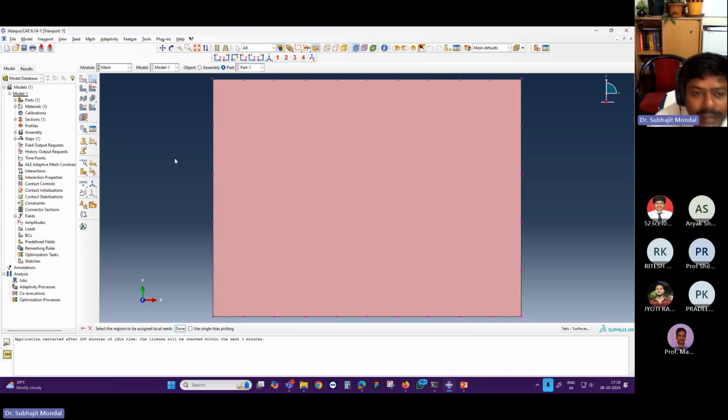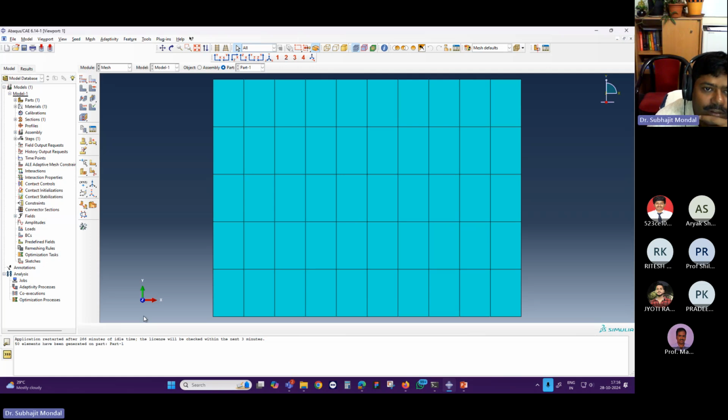This way basically we created the seeds on the edges. Here you can see the pink triangles showing. This way we are creating the nodes. Now we are going to mesh. This way we are creating the meshing or discretization of the element. Again, the accuracy of the FEM model also depends on how good the shape is. Here the shape is very much rectangular in nature. If the shape is very close to a square, FEM normally gives good results.